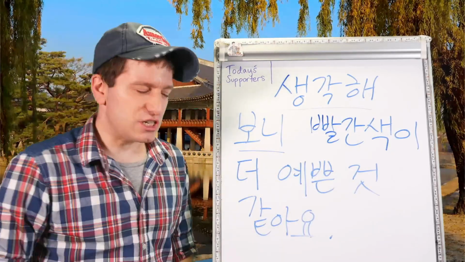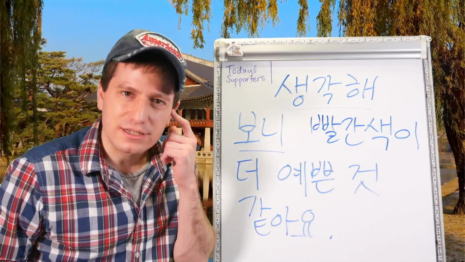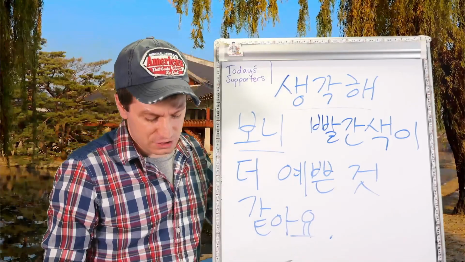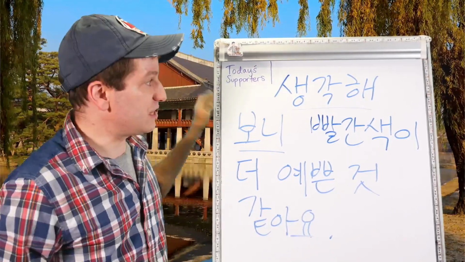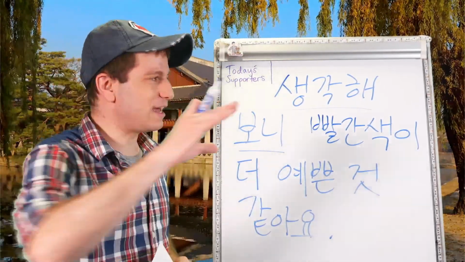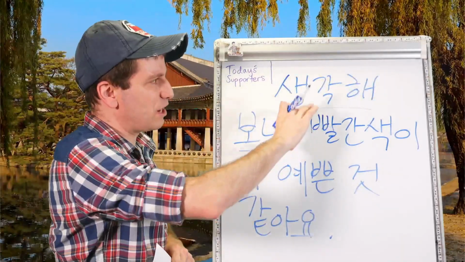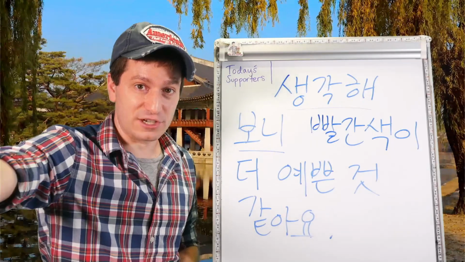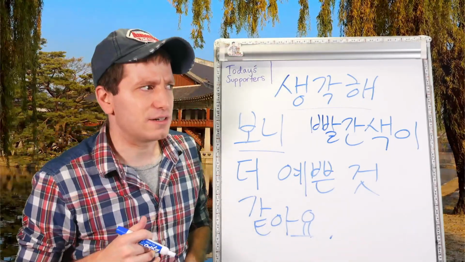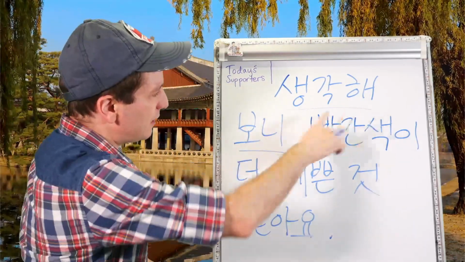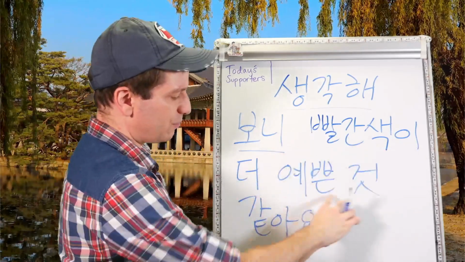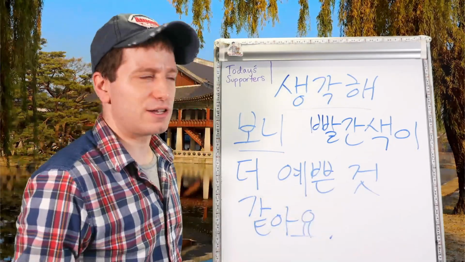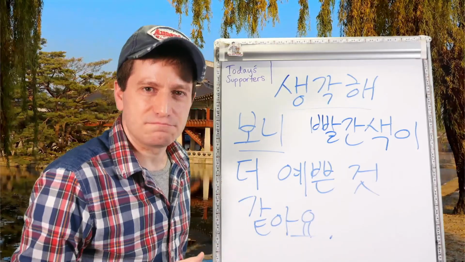In English, we might just say, you know, after thinking about it. So after thinking about it, after I thought about it for a second, I think red's prettier. So this is very commonly used. And again, I recommend just writing down this expression, 생각해보니 or 생각해보니까, and using it in your conversations. Hey, you know, now that I think about it, after thinking about it for a bit, 생각해보니 빨간색이 더 예쁜 것 같아요. So after thinking about it, I think red's a little bit prettier.